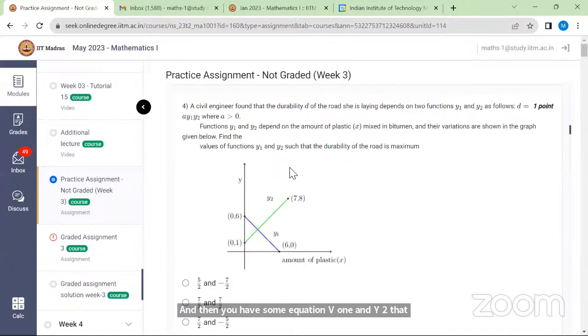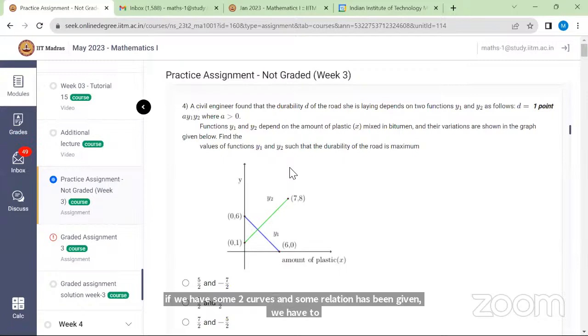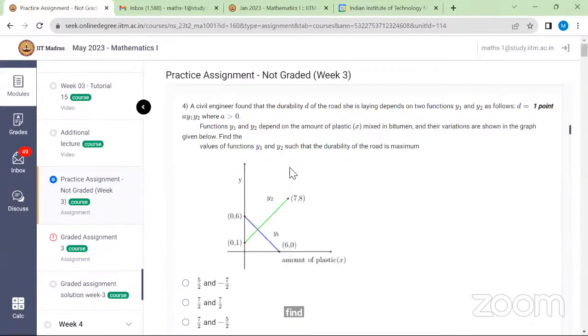Sir, whenever a problem is given with a line and a curve, we will know at which point we have to take the slope and so on. But if we have two curves and some relation has been given, we have to find a quadratic equation eventually, right? Correct.